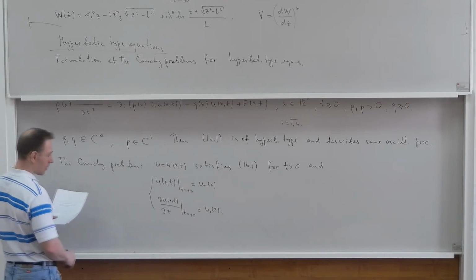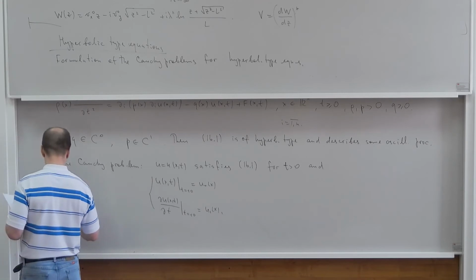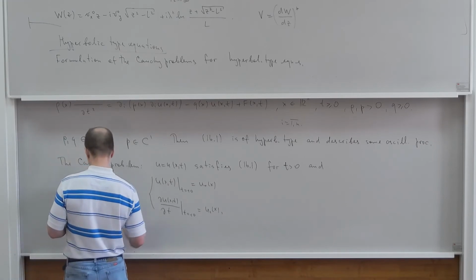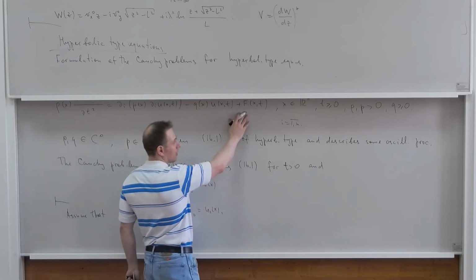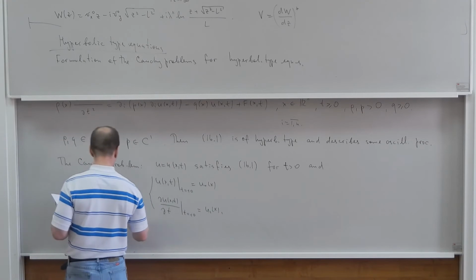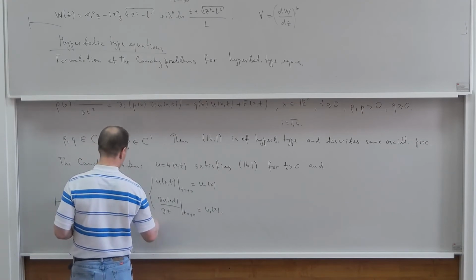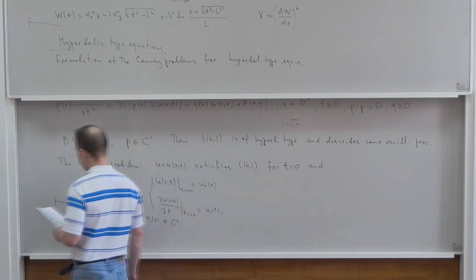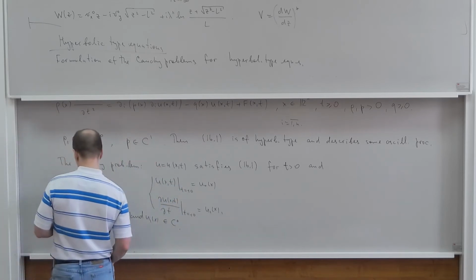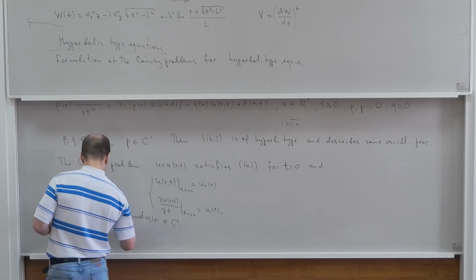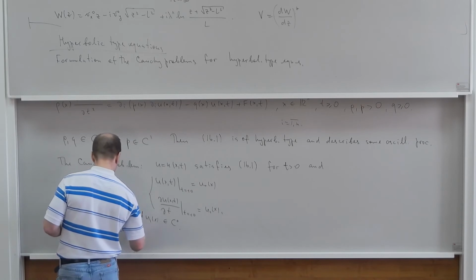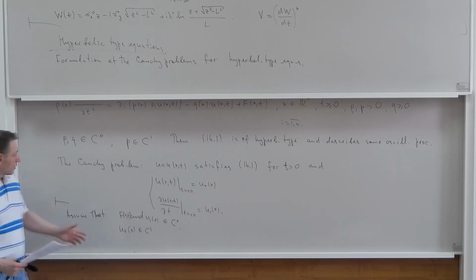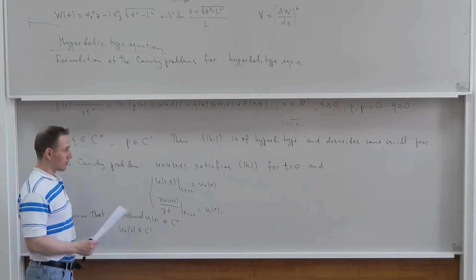So this is the formulation of the Cauchy problem, and we assume that f, which enters the right hand side of this expression, and u1 belong to the class C0, that is, continuous, and u0 belongs to the class C1, that is, u0 is continuous with its first derivative.